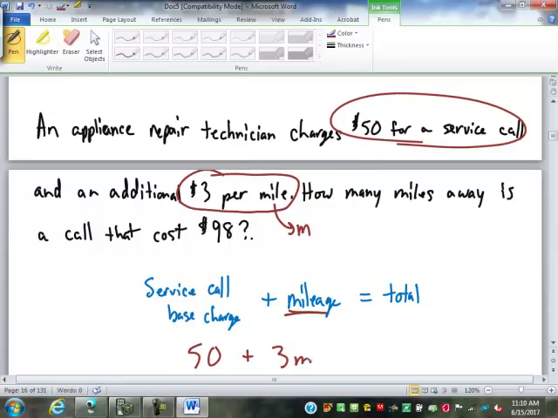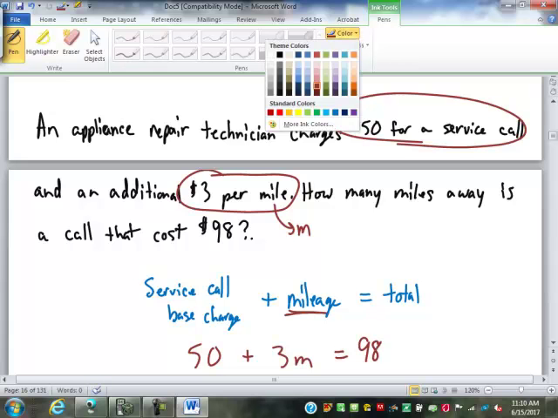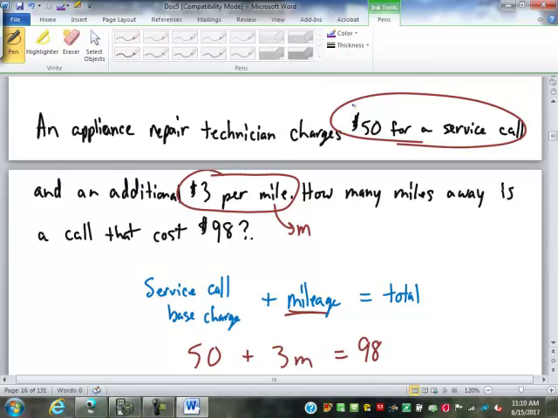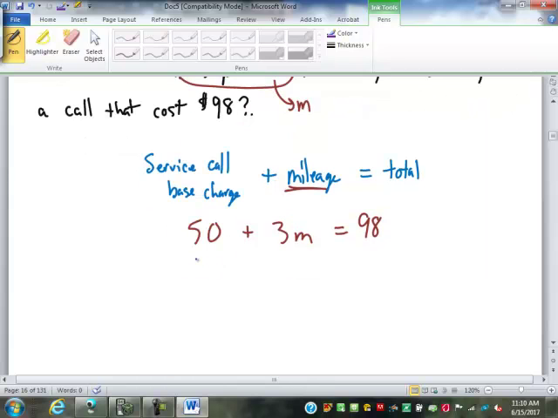So 3M equals, what's our total? 98. So then to solve this, we are going to minus 50. Good. So 3M equals 48. And then divide by 3. So M equals 16.